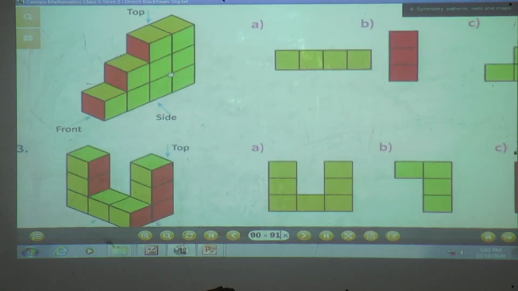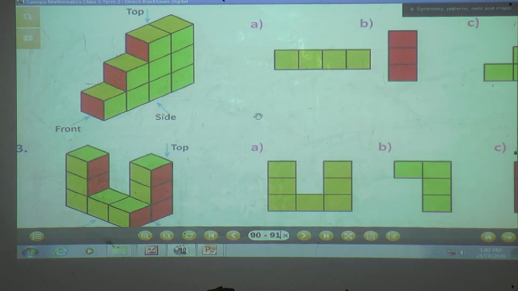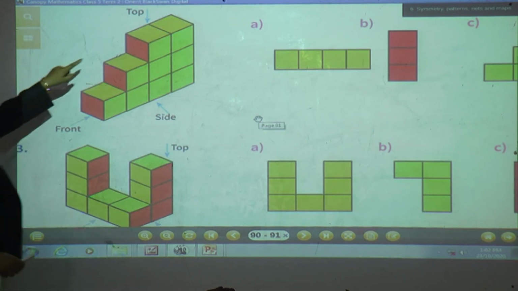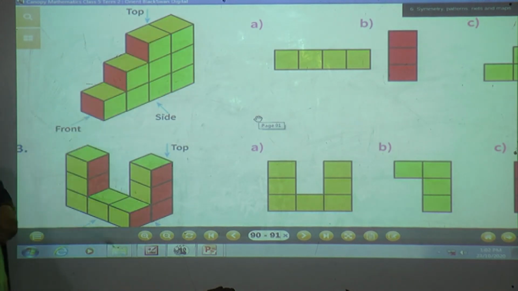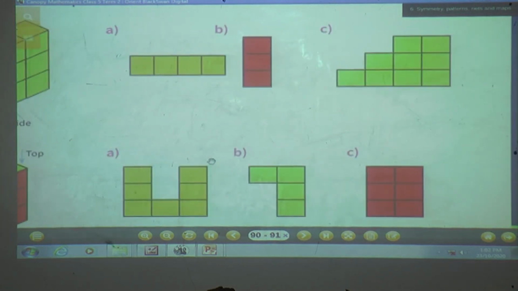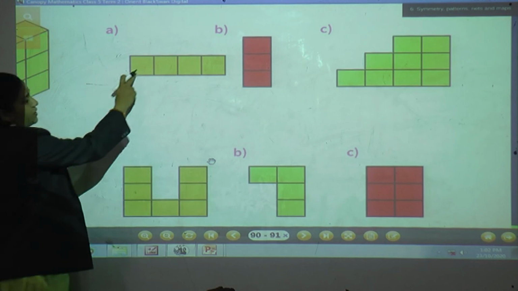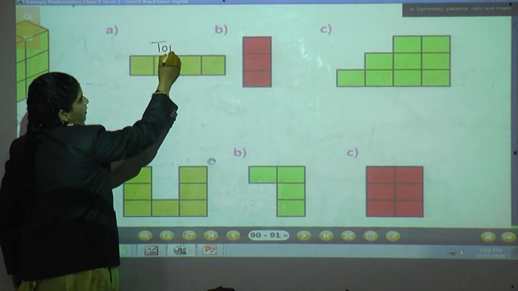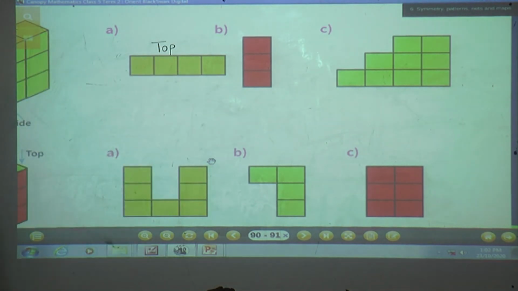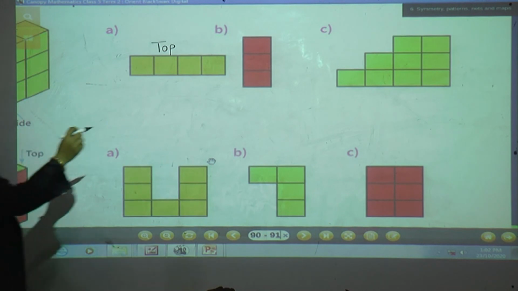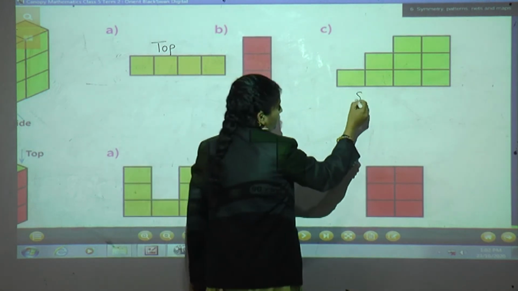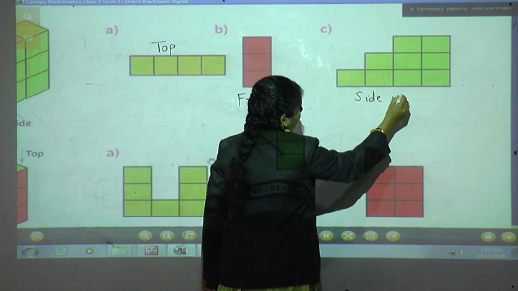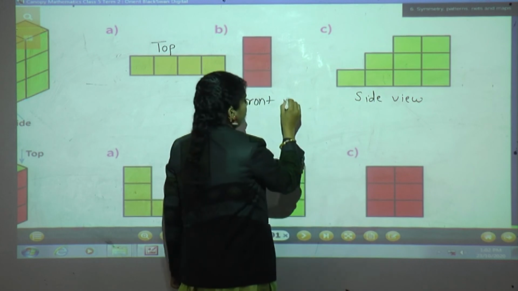Here see, this one is a top view, here is a side view and here is a front view. Okay, so here is the first one's answer. See, this is the top view of the picture and this red color, see carefully, this one is the front and this one is the side view. Isn't it students? Yeah, very good.